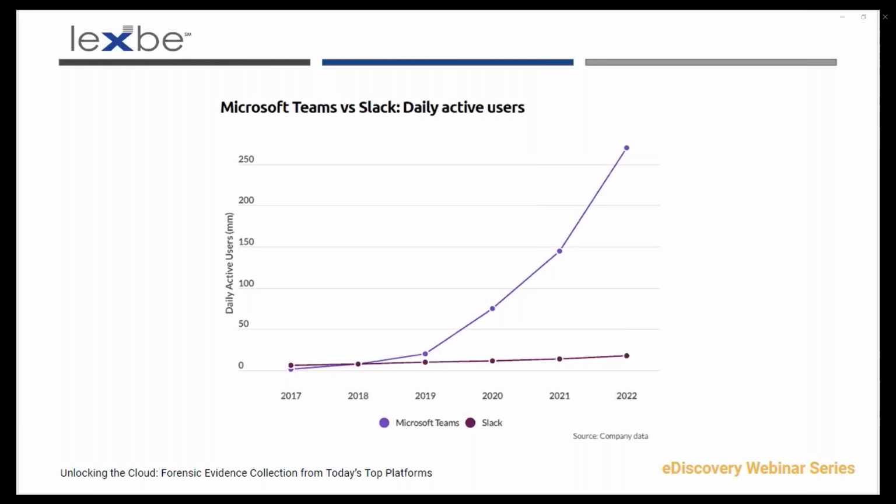To that point, sentiment analysis of these communications can also help you quickly identify relevant dialogue for your matter. So whether it's positive in tone or negative in tone, sentiment analysis can be a great tool to utilize when reviewing these types of communications and dialogue from these sources.